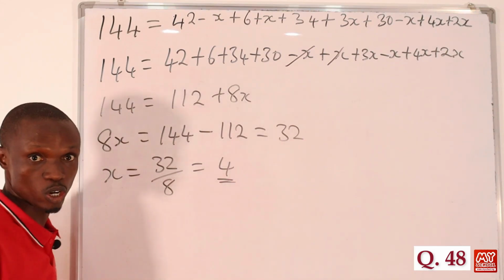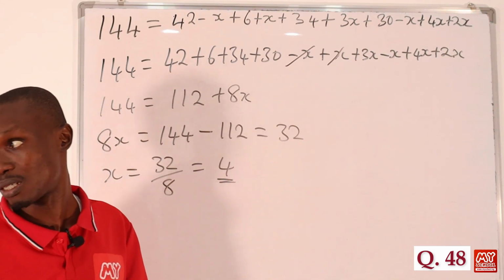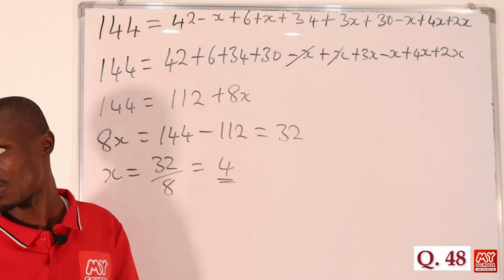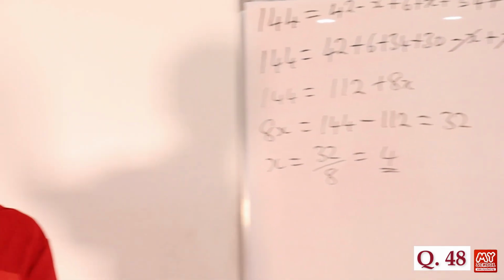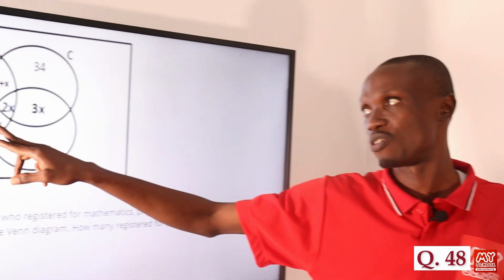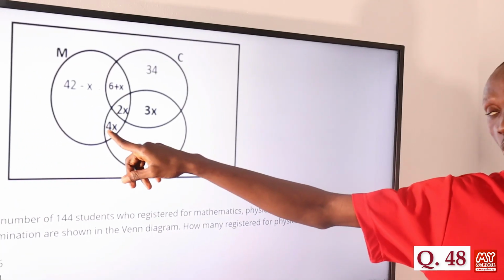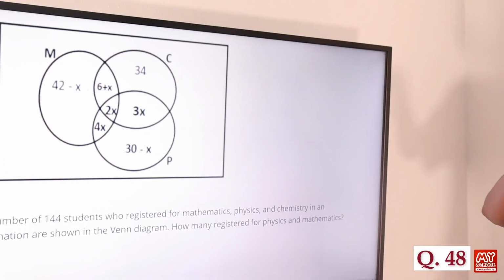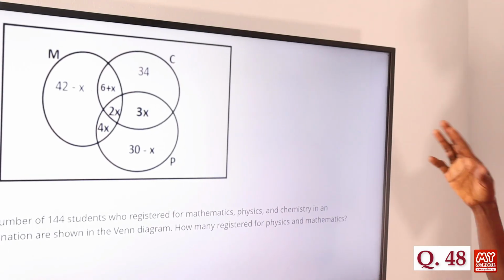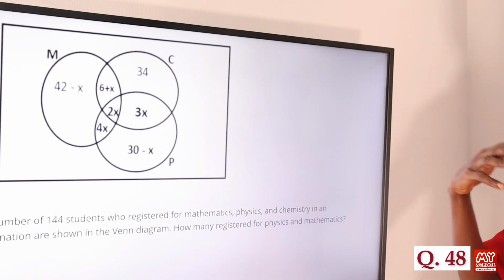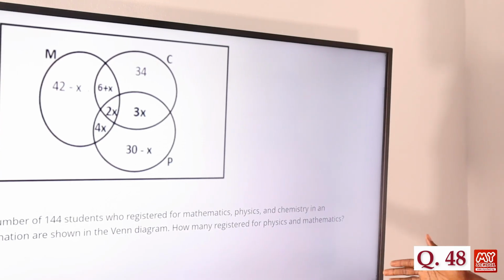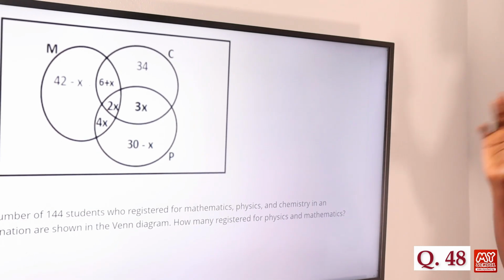But in this question, we are asked to calculate the number of students that registered for physics and mathematics. If you look at this particular place, we have the number of students that registered for physics and mathematics, but this 4x represents only. We need the general number of students that registered for physics and mathematics, whether they registered for any other subject or not, because we just need the general number.